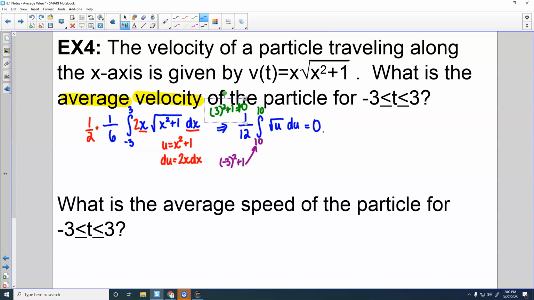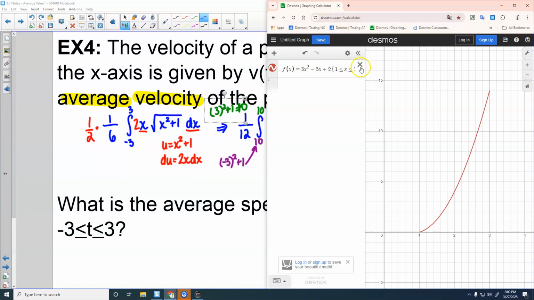And if your velocity is 0, what are you doing? You're not moving, you're just sitting still. So let's look at the graph of this one too to see what's happening here. I've got v of t equals v of x equals x square root of x squared plus 1 here.